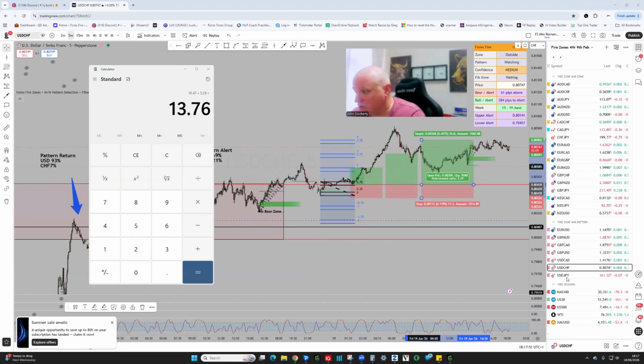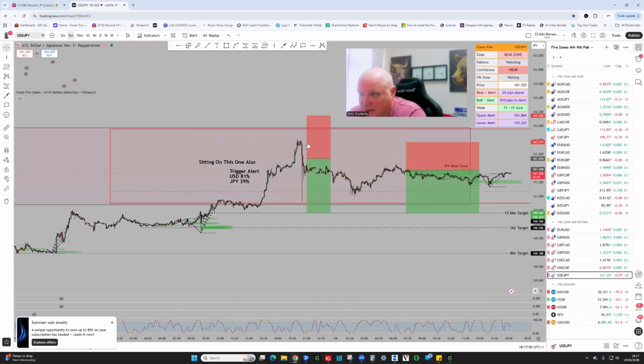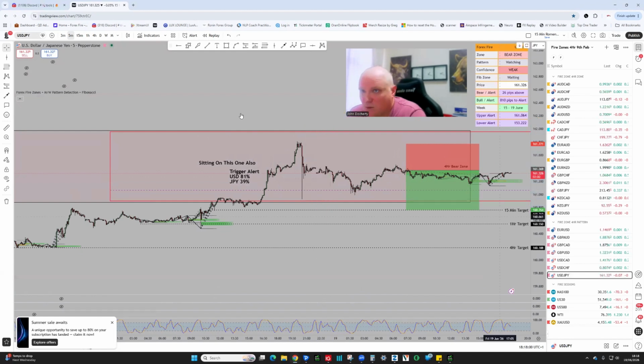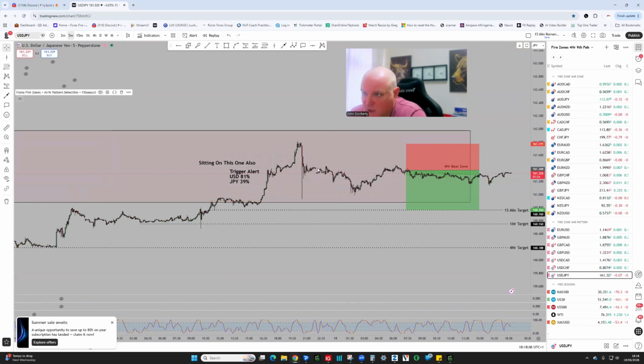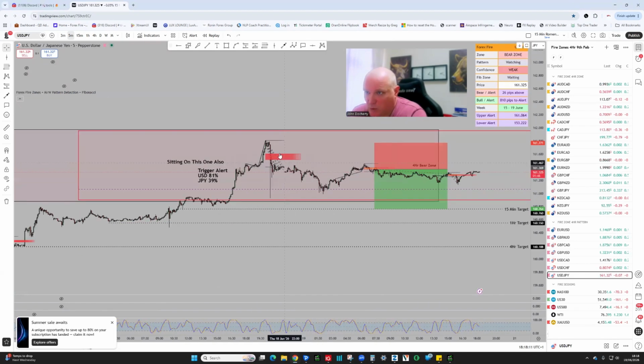That leaves us with the USD JPY. At the moment, we'll just get rid of this. What we're seeing is, because we were looking for a sell pattern, we'll come back and put this into a sell. Now, we didn't return to this pattern. You can see here, looking across to the right, we didn't return to it.